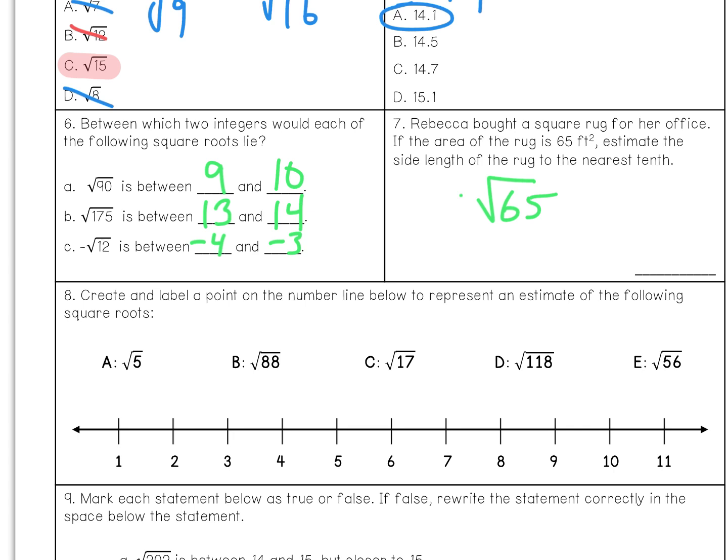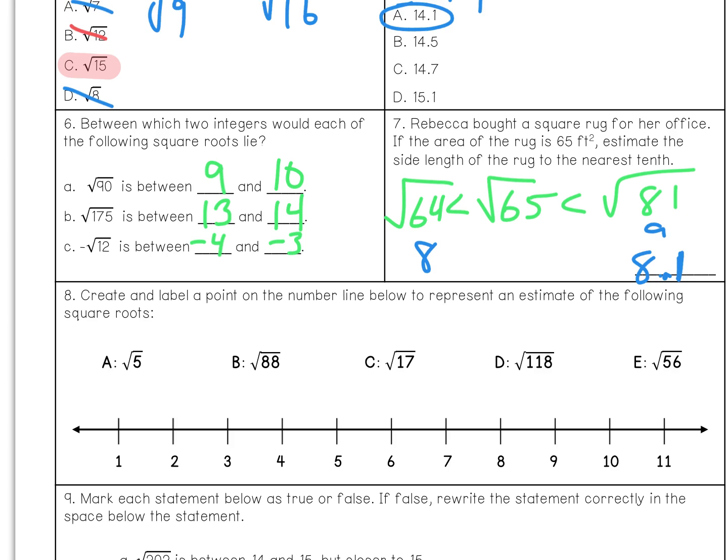So the square root of 65, and then you put that between the two next closest. What's the closest below? 64. What's the closest above? 81. And so which value is it closer to? 64, which is how much? 8. So the value should be 8.1. Yeah, 8.1 is good.